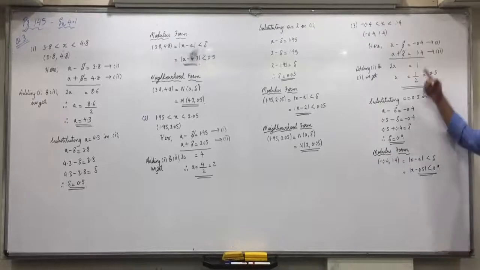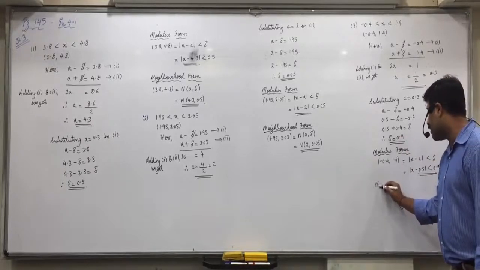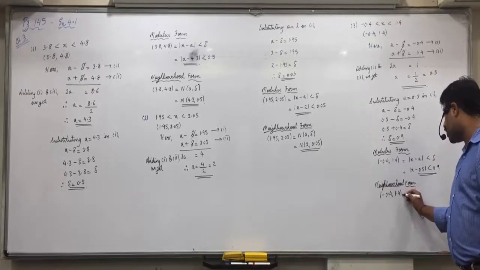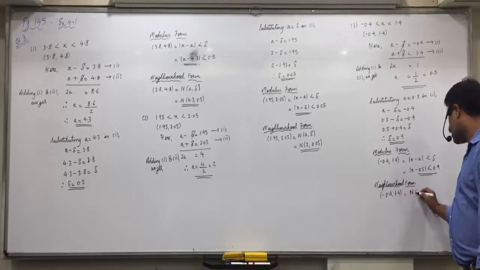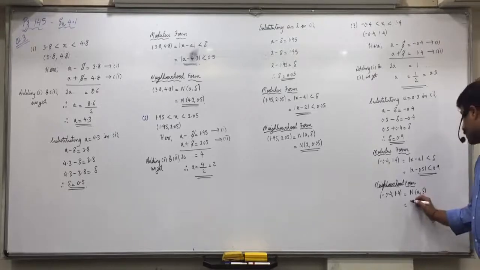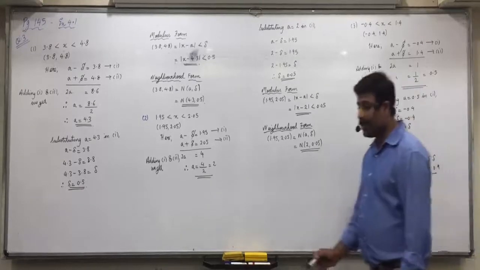Modulus x minus a means 0.5, less than delta means 0.9. And in neighborhood form, first of all, minus 0.4, 1.4 equals N of a, delta, then N of 0.5, 0.9. Is everyone clear with this?